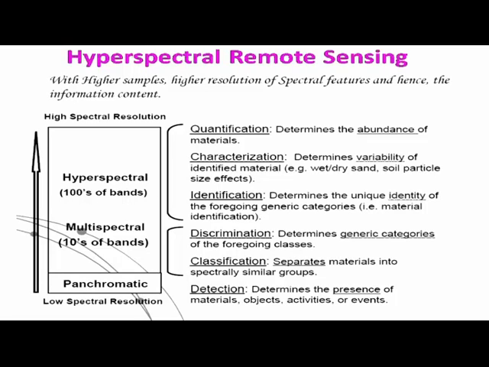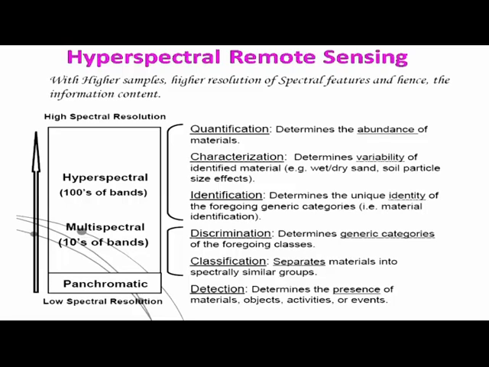At the same time, from the multispectral data, you have an advantage. You can discriminate, you can classify between the different classes. Apart from these, in hyperspectral, you can also quantify the material. You can determine the abundance, the percentage of the particular material in a particular pixel. Then comes characterization.